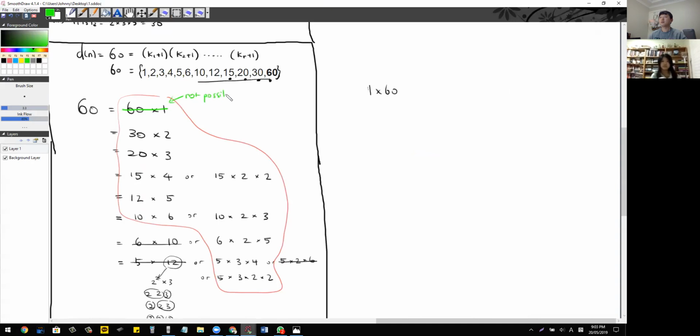No, but then you just do the 60, like 59 plus 1. Yeah, you can do 59 plus 1. So then 2 to the power of 59. Oh, just by 60 itself. Yeah, that works. So you just do 60 without the times 1.